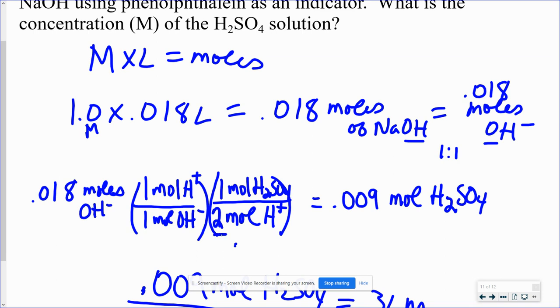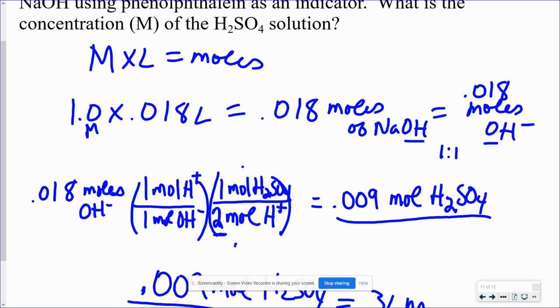Okay, so when you're doing this calculation, you have to count both H's from the H2SO4 to get neutralized. So that's where the difference is, that it's a 2-to-1 ratio to go from moles of H plus to moles of H2SO4. Okay, so then now that cuts down in half the moles of H2SO4. So it's different. It's not the same as the moles of NaOH. Okay, it got cut down.